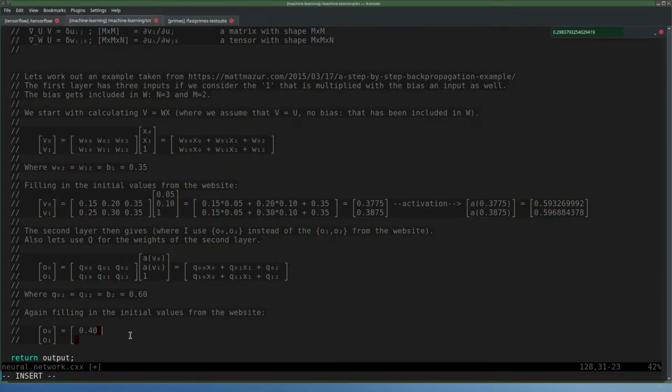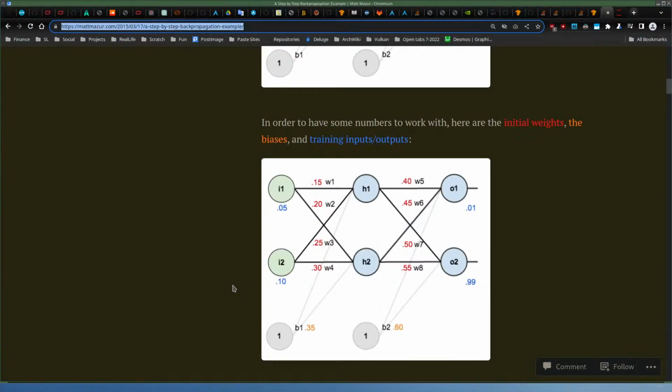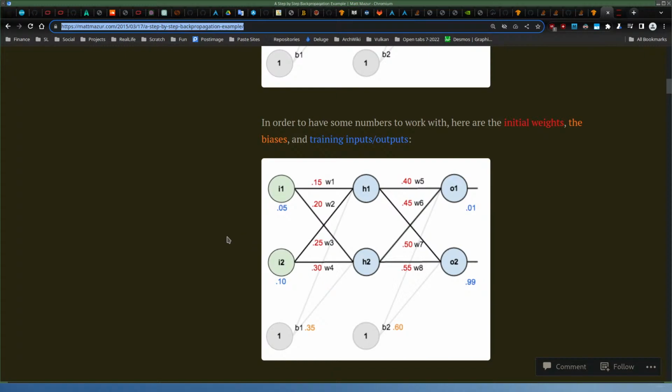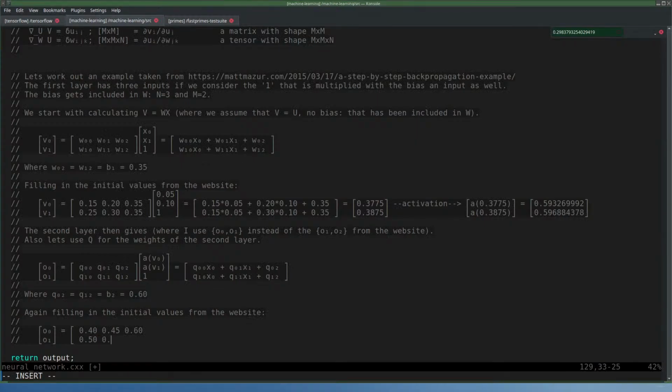And then we get 0.45, 0.60, 0.50, 0.55, and again 0.60.